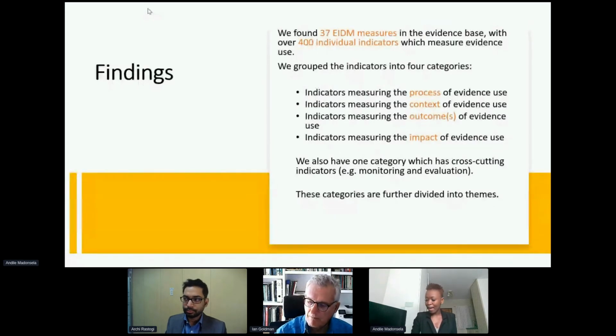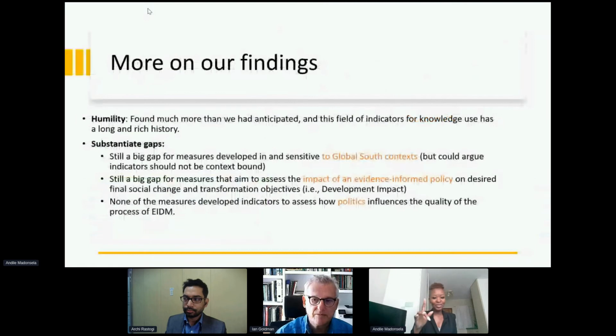But what I can tell you about the findings is that we found more than we anticipated in the evidence base. And we also found gaps in indicators which are sensitive to the global south. And we also found gaps in indicators which assess development impact.